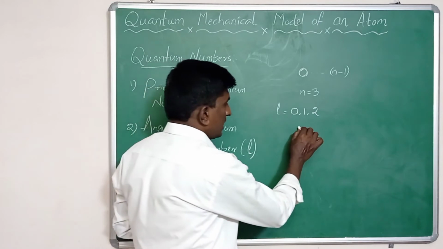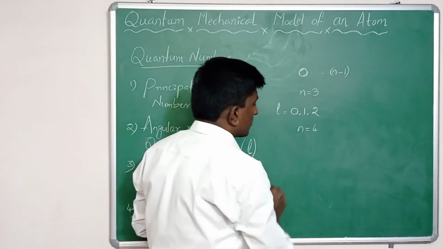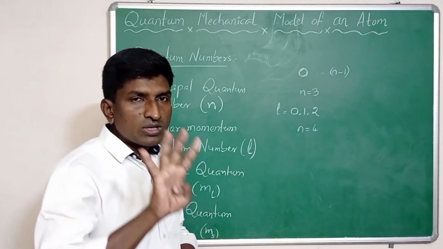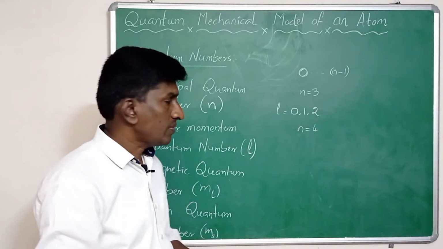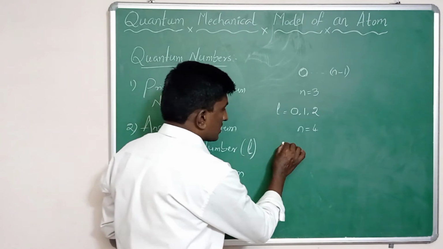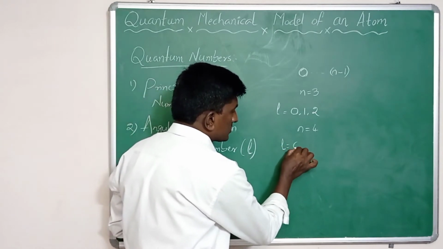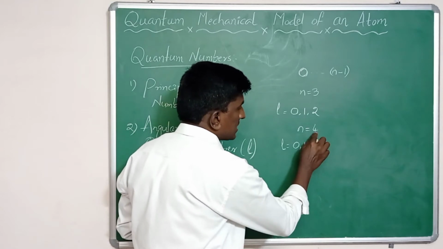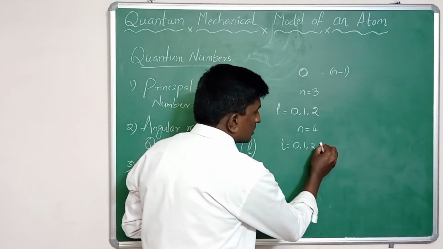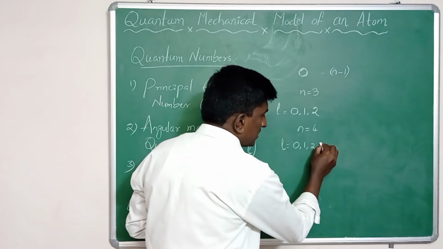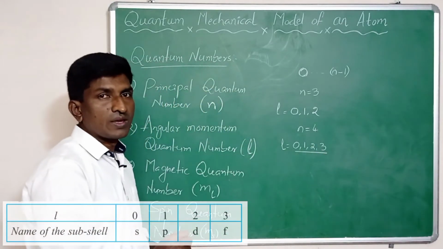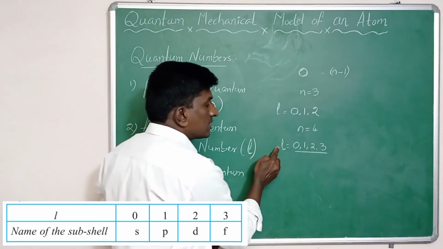Similarly, if the principal quantum number n is 4, then there are a total of 4 L values. The minimum is 0 and the maximum is n minus 1, so 4 minus 1, which is 3.